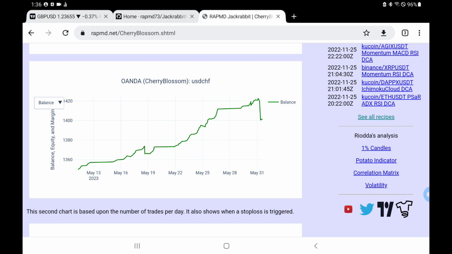But I'm still $40 in profit. That is enough to pay for my overhead of the VPS that actually runs this bot. Critical and careful attention to these details is what will bring long-term profitability.